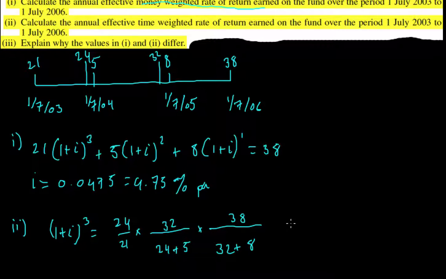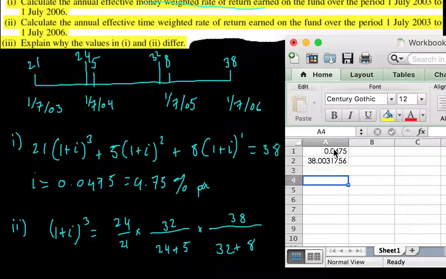So now we just have to work out what does i equal. So let's just use Excel over here and I'll do it all in one equation: 24 divided by 21 times 32 divided by 29 multiplied by 38 divided by 40 gives us that bit over there.